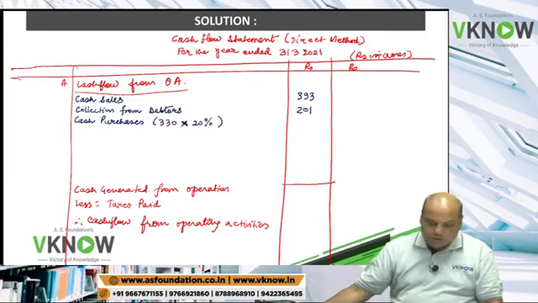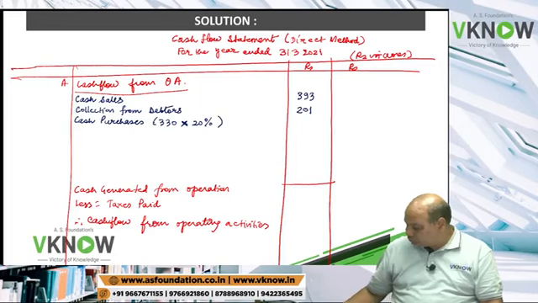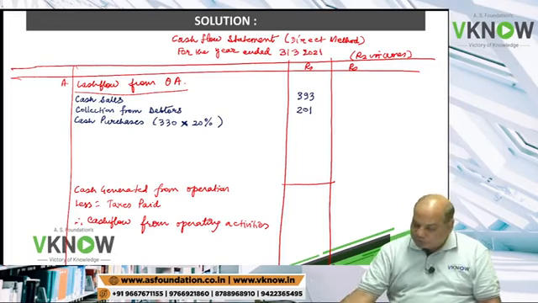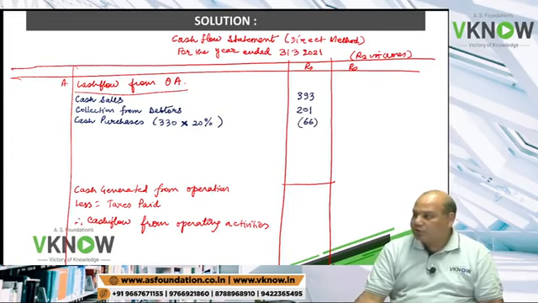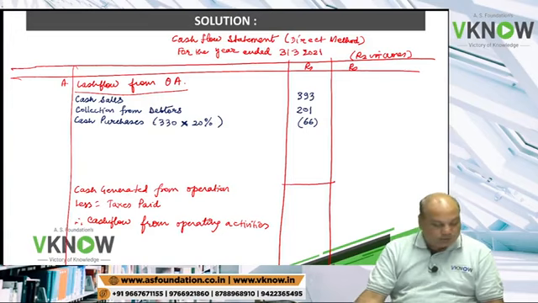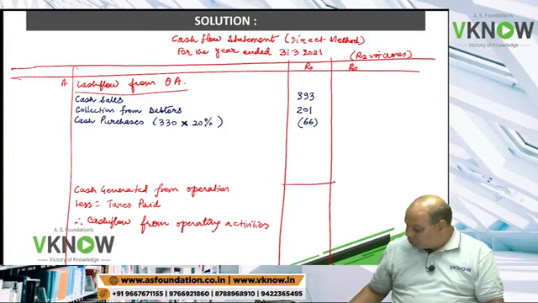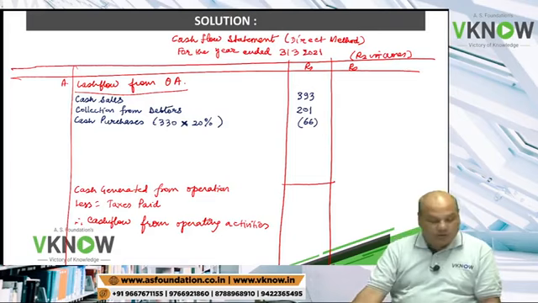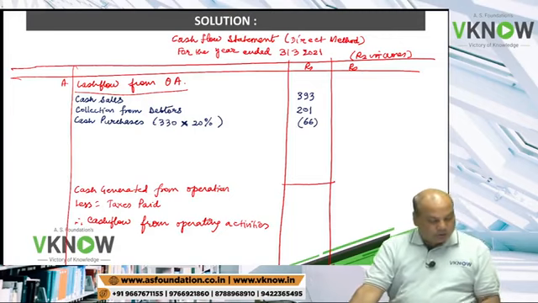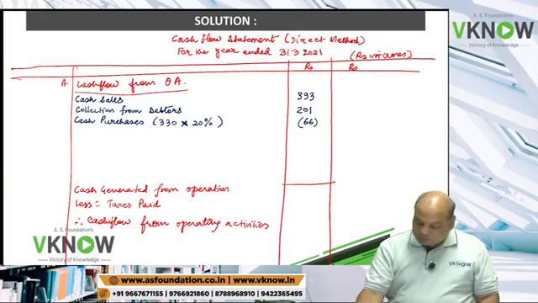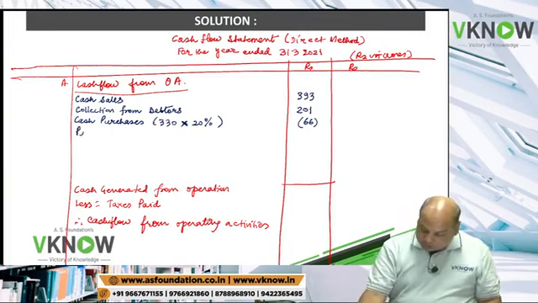So 330 into 20% is 66 crore, cash purchase, in brackets. Then credit purchase will be 330 into 80%. Balance of the creditor on 1-4-2020 was 126 crore and closing 138 crore. So write payment to creditor.